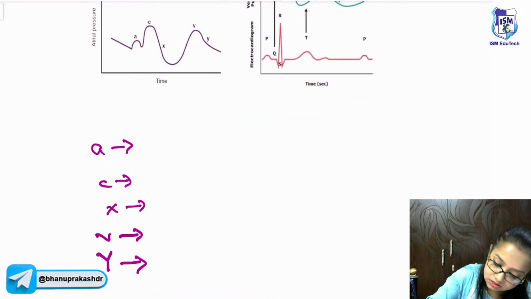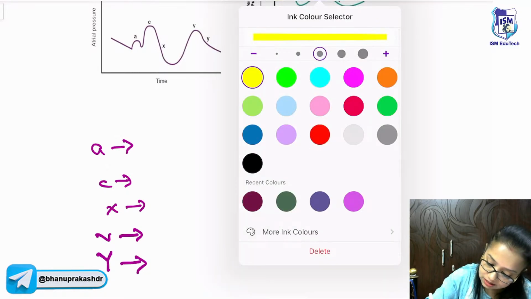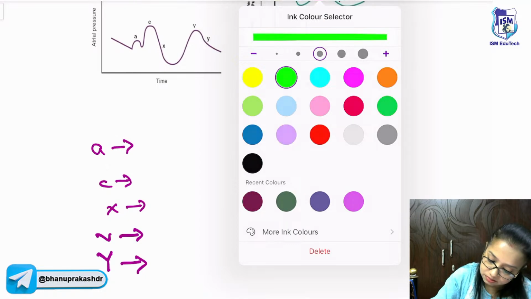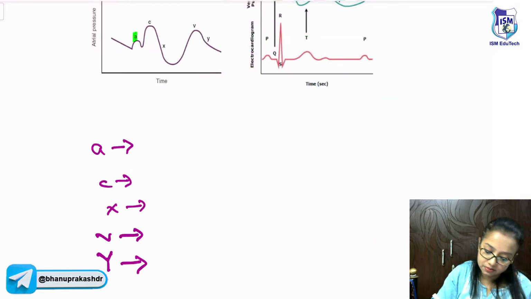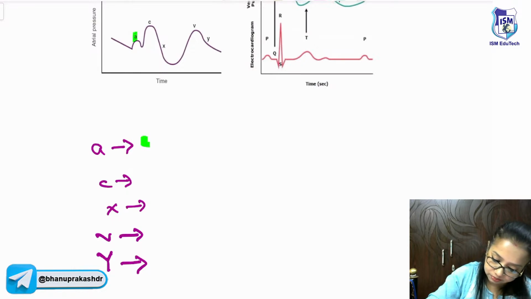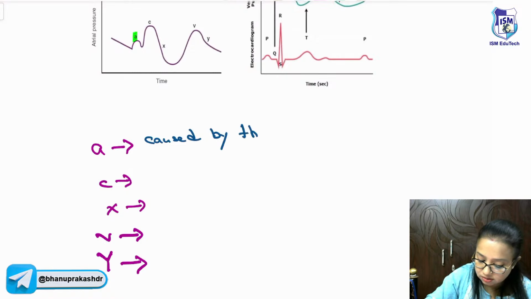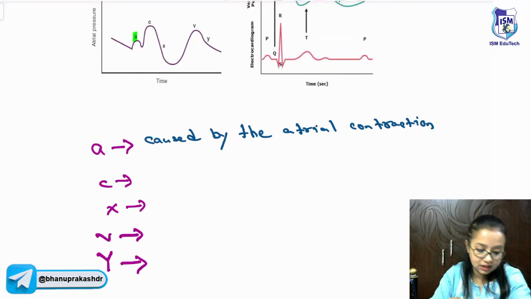As you can see, this wave is A, the A wave. This A wave is caused by the atrial contraction.